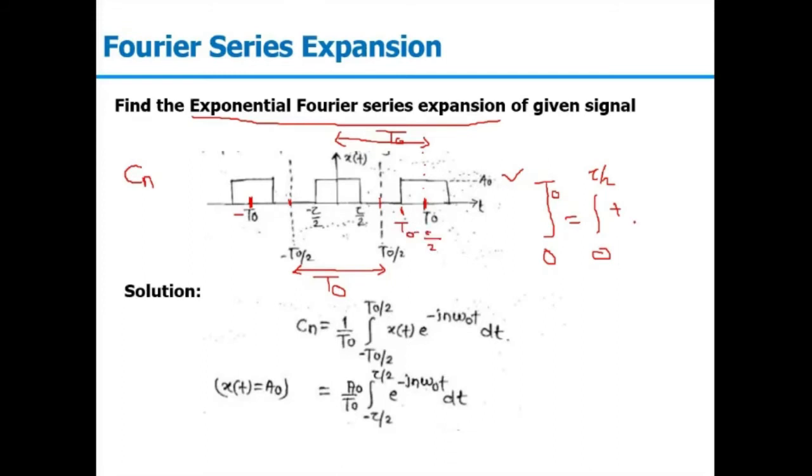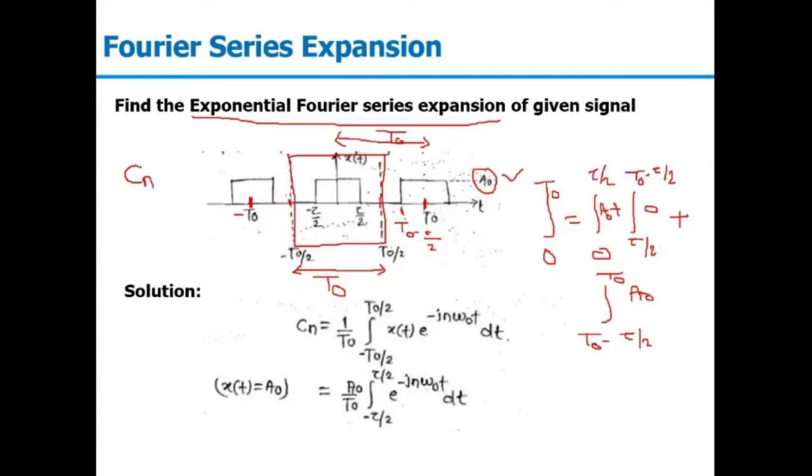So tau by 2 to t naught minus tau by 2, here the value will be 0. In this case the value will be a naught because the maximum amplitude is a naught, and then plus the third term, that is t naught minus tau by 2 to t naught, and the value is again a naught. Otherwise you can consider this as a time period and you can simply solve the function.